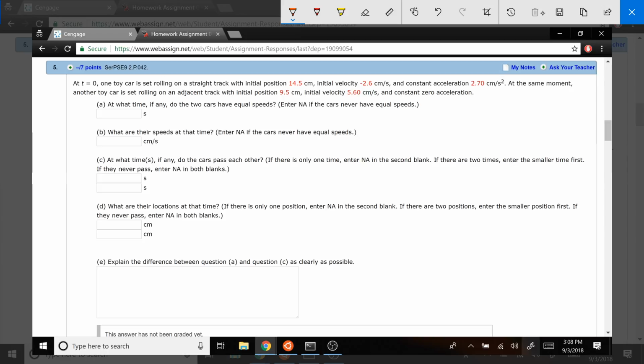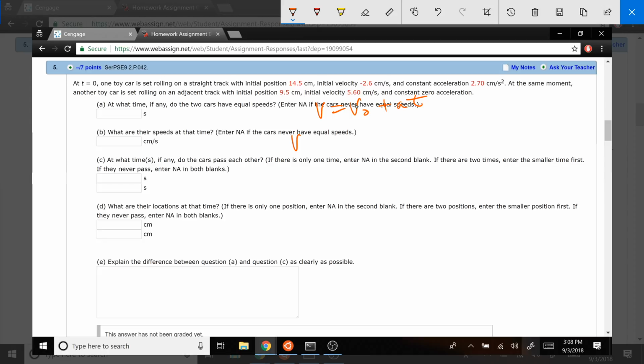Do they have equal speeds? The way I would go about that, though, is that V equals V naught plus AT. I would just set them equal.